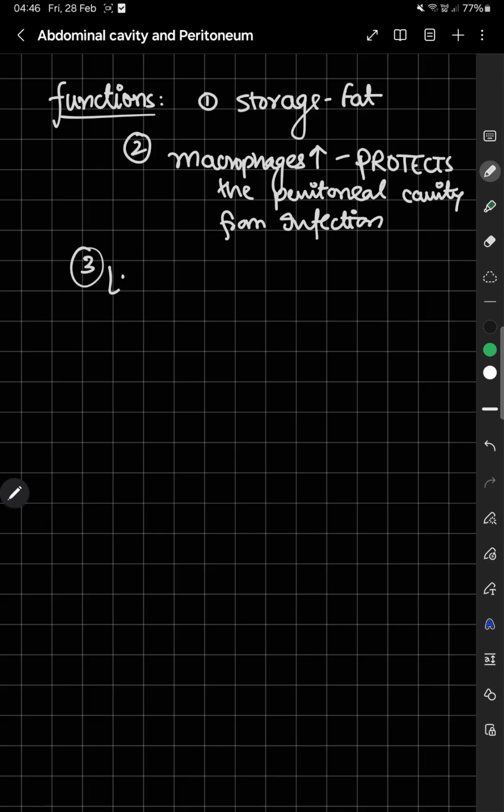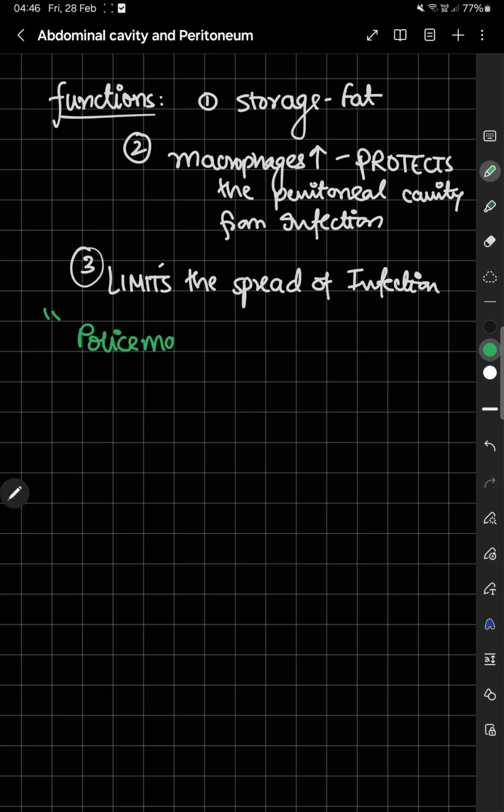Third thing is it limits the spread of infection. Now this is very important, and due to this it's also known as the policeman of abdomen. Okay, it's a term given to it. It is very important. So policeman of abdomen is basically the greater omentum.